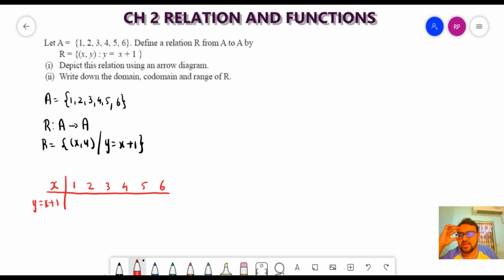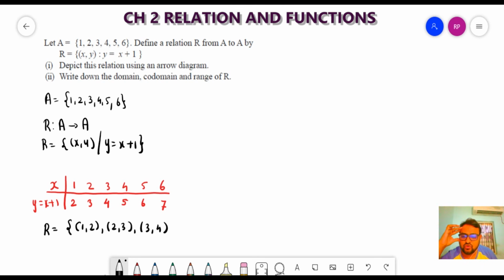What is the value of y? x plus 1. So 1 plus 1 is 2, 2 plus 1 is 3. Similarly 4, 5, 6, 7. So what will be the relation? (1, 2), (2, 3), (3, 4), (4, 5), (5, 6) and (6, 7), right?